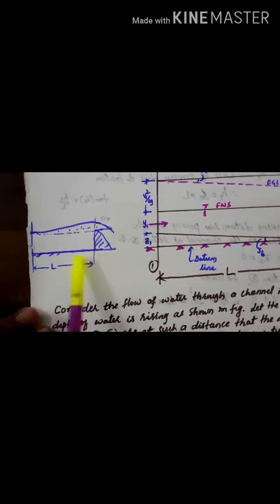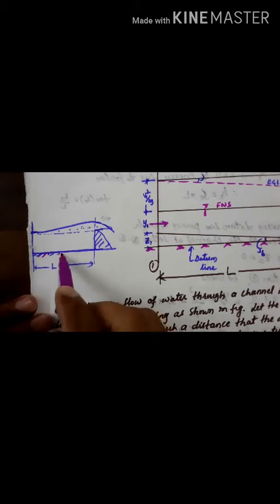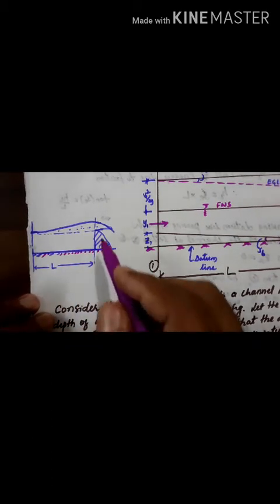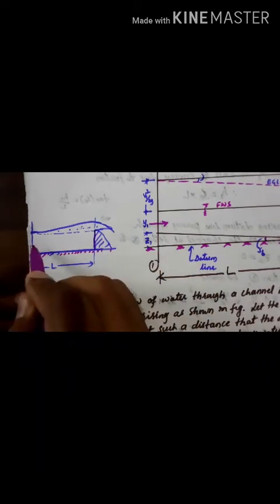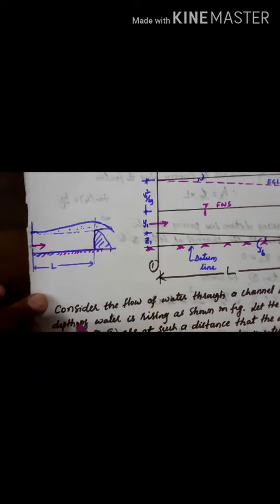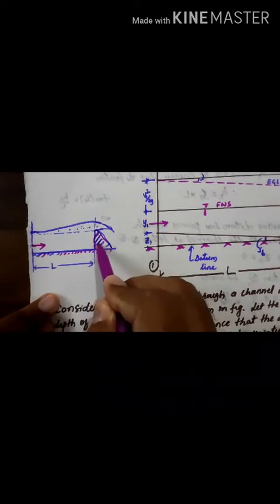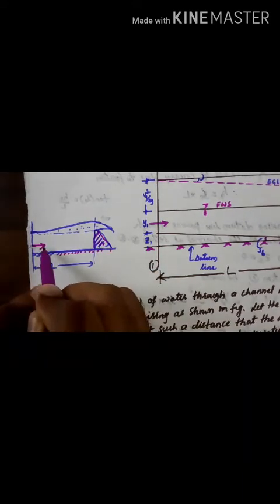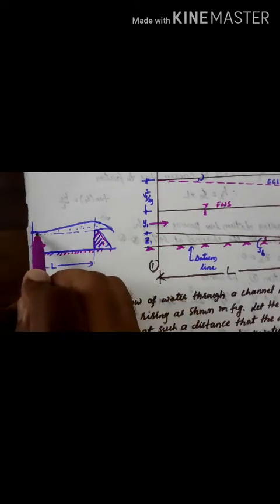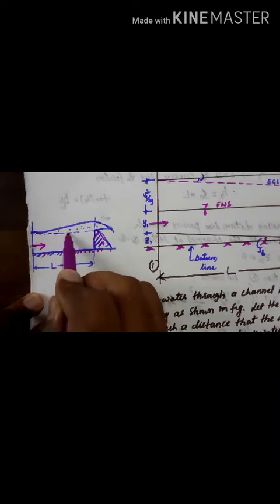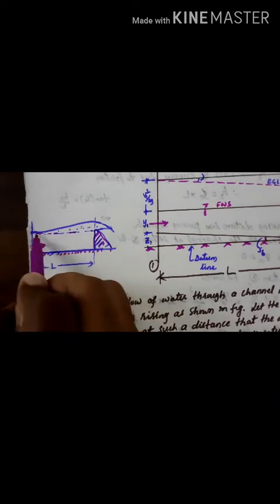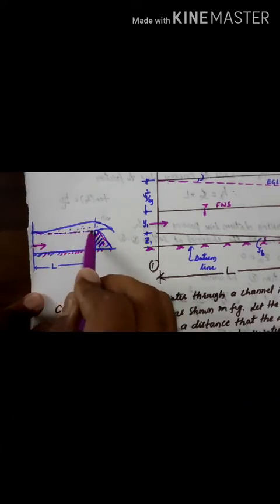Here this is the bottom of the channel. You know these things already. This is the direction of flow, and this is the obstruction along the direction of flow. When there is an obstruction along the direction of flow, before reaching the obstruction the flow depth was this one.